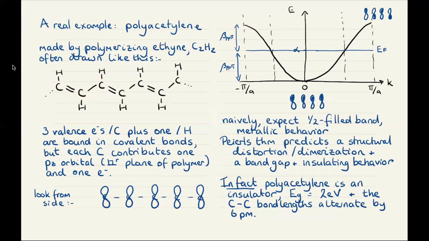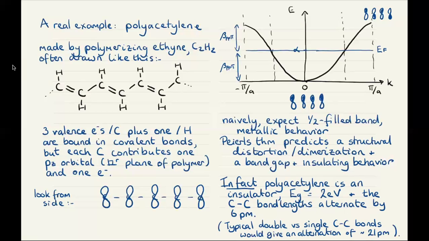And if one looks at typical bond lengths for double versus single carbon-carbon bonds, we would expect a much larger bond alternation, an alternation in the bond lengths of around 21 picometers.